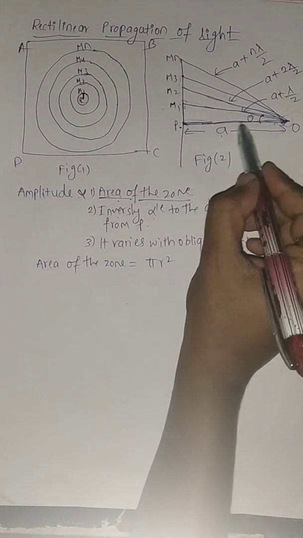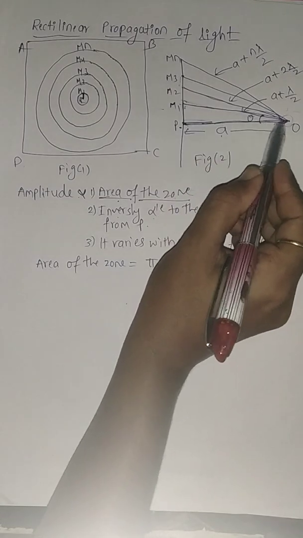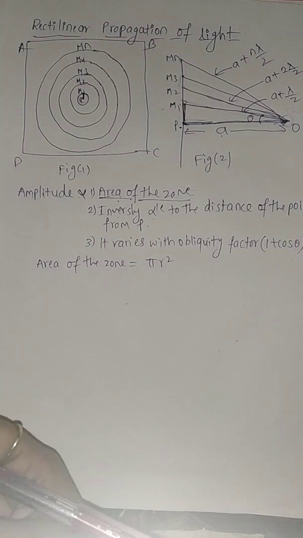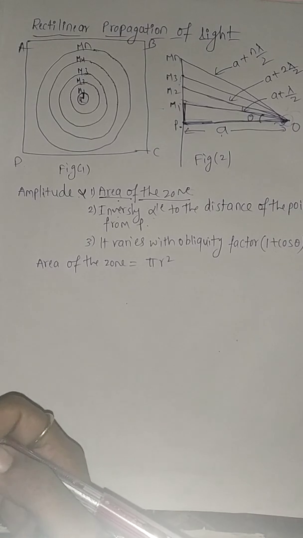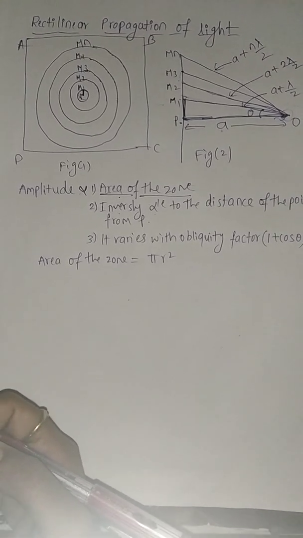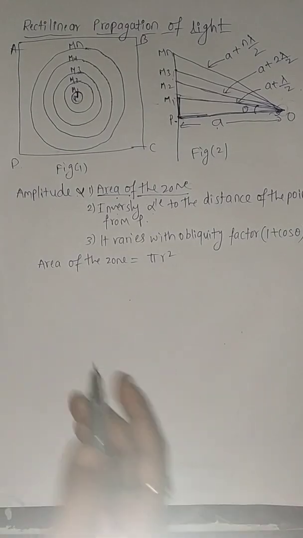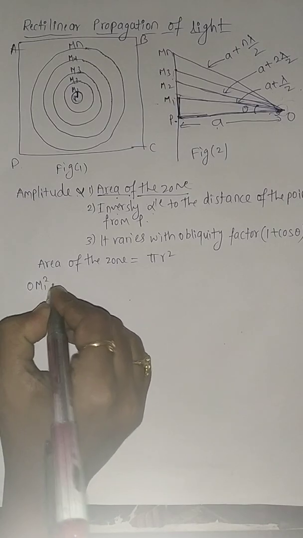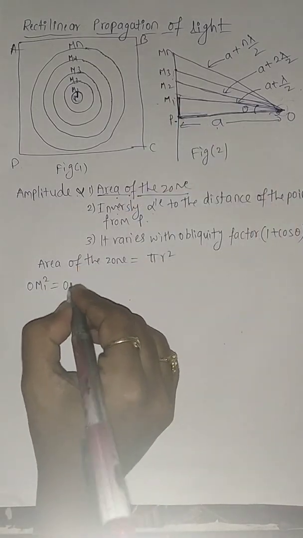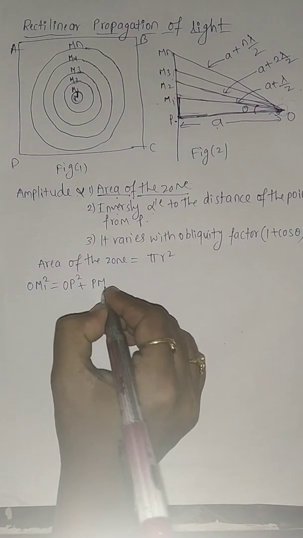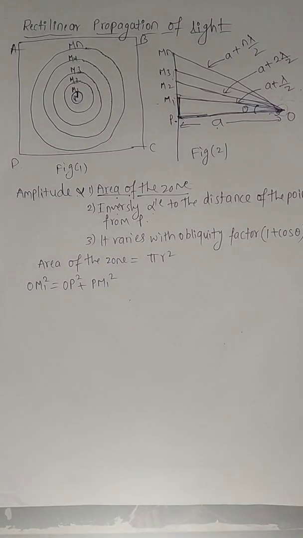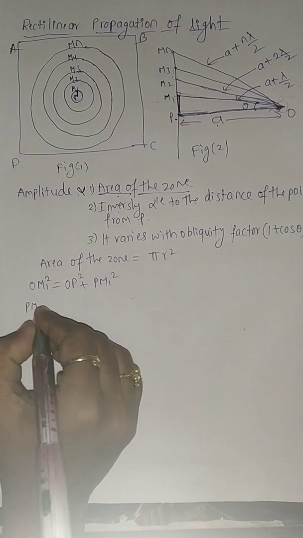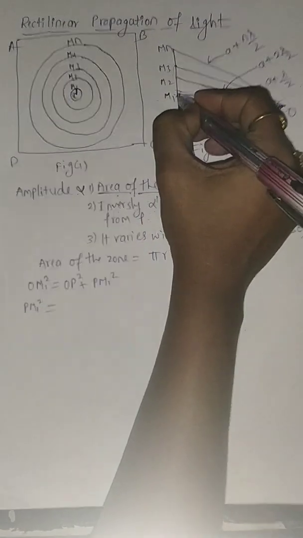So see here, this is A and this is A plus lambda by 2. From these two we can calculate the PM1 value by using the Pythagoras theorem. If you apply the Pythagoras theorem, you can easily find it. OM1 square is equal to OP square plus PM1 square. From this we can find the PM1 square value, because we need the radius here.